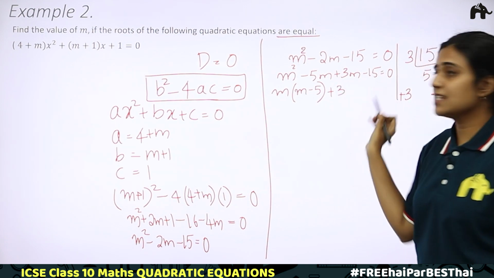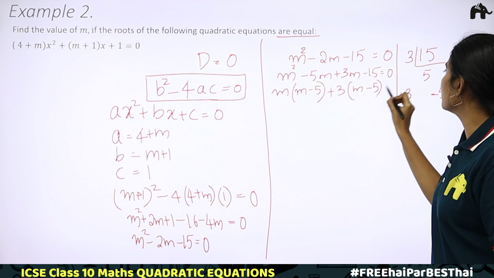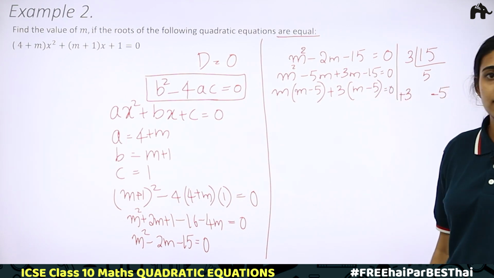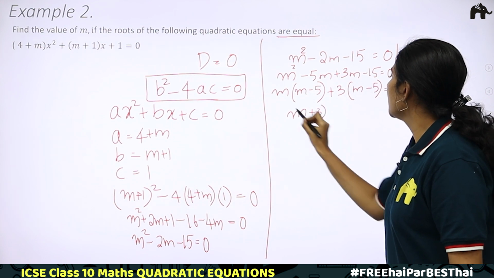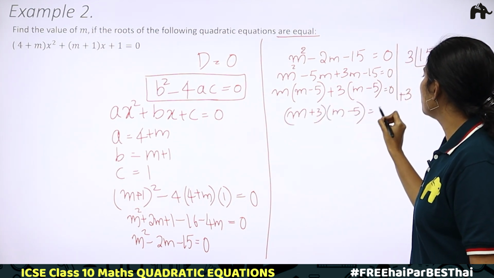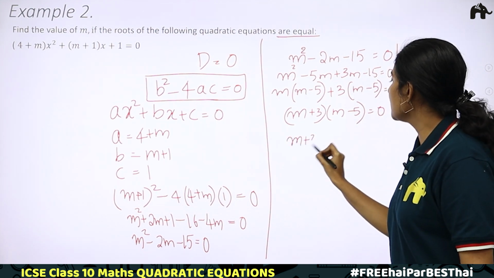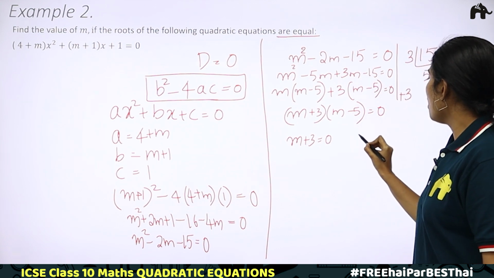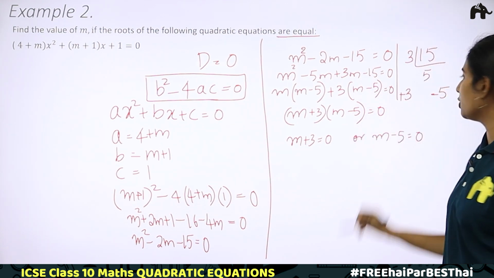Plus 3 is common. M minus 5 is equal to 0. This can be written as (M plus 3) into (M minus 5) is equal to 0. That is, M plus 3 is equal to 0 or M minus 5 is equal to 0.